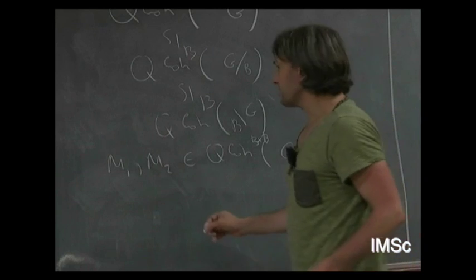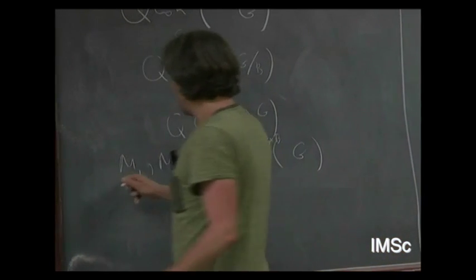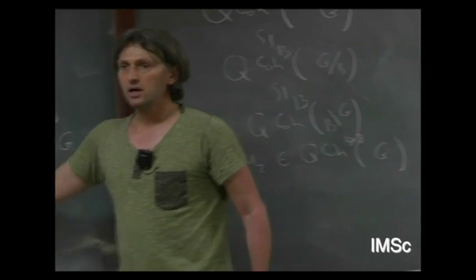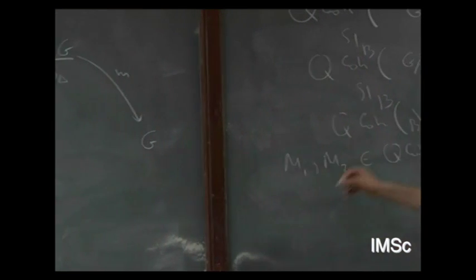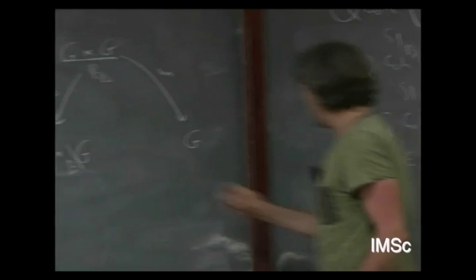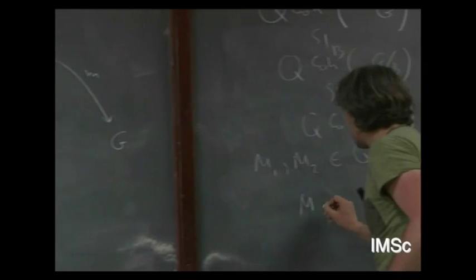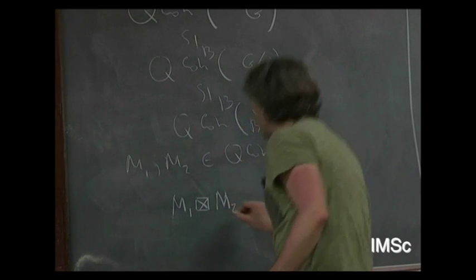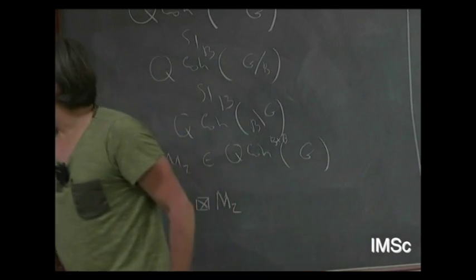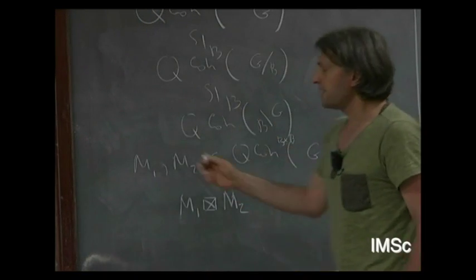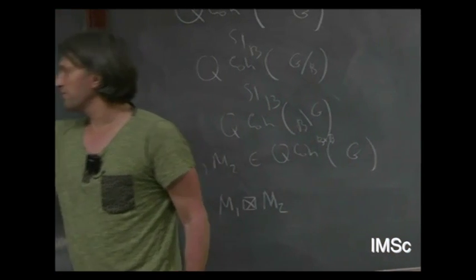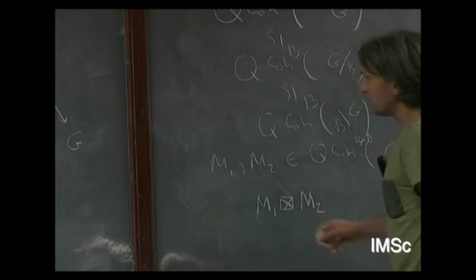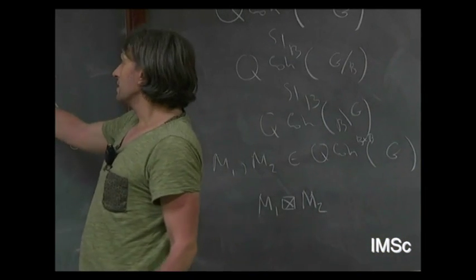Then what can we do? We can treat each of them on the corresponding factor, put the outer tensor product on the product. Now this is a sheaf here, and the remaining equivariance makes it B-equivariant from the left and B-equivariant from the right. I'm pulling back.